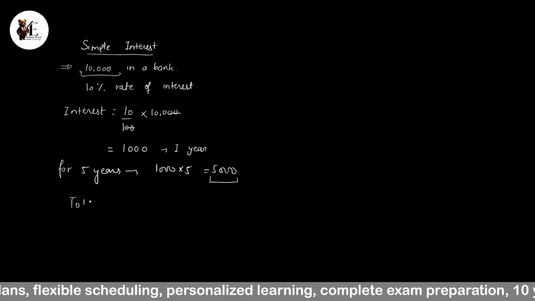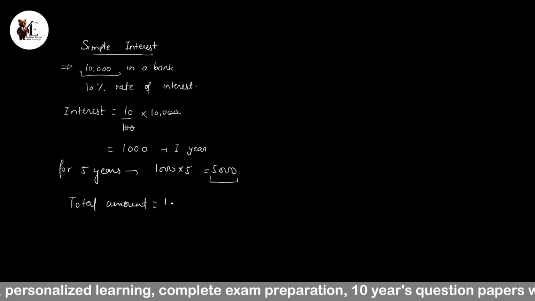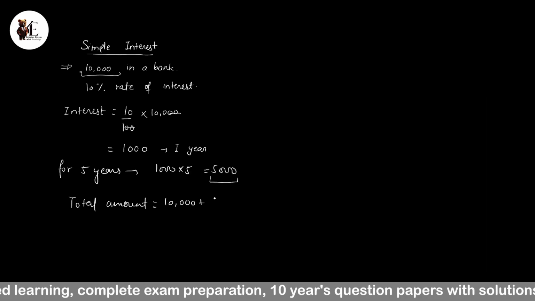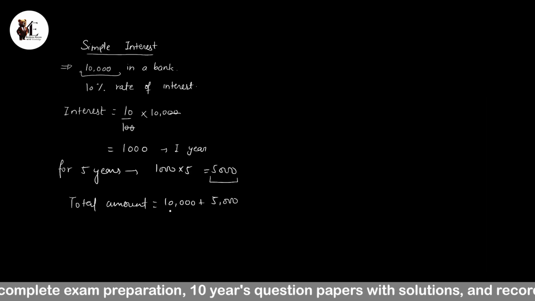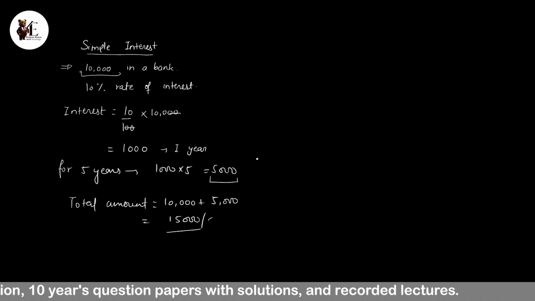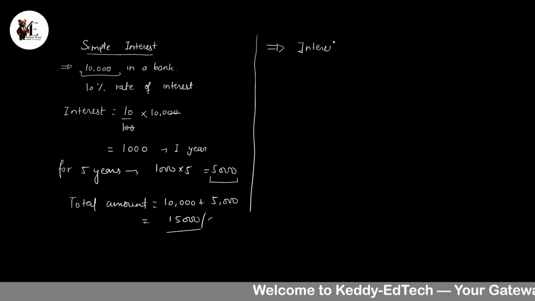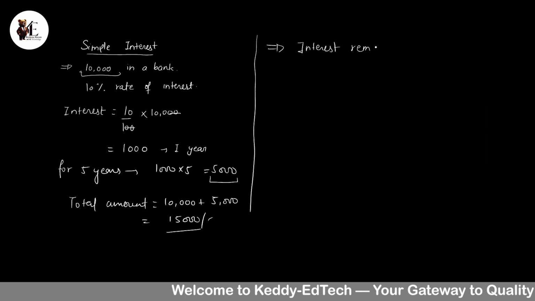So your total amount will become 10,000 plus 5,000. So your amount will become 15,000 after 5 years. One of the important characteristics of simple interest is that interest remains the same for every year.